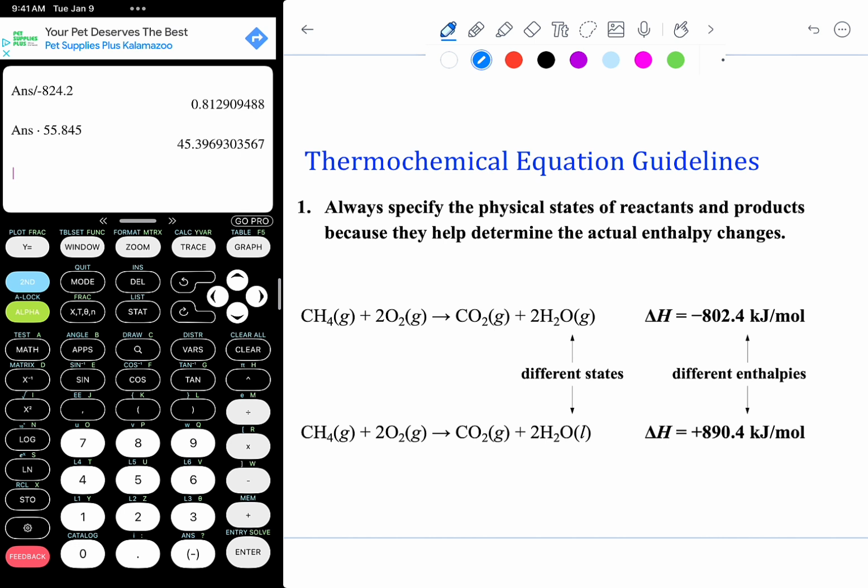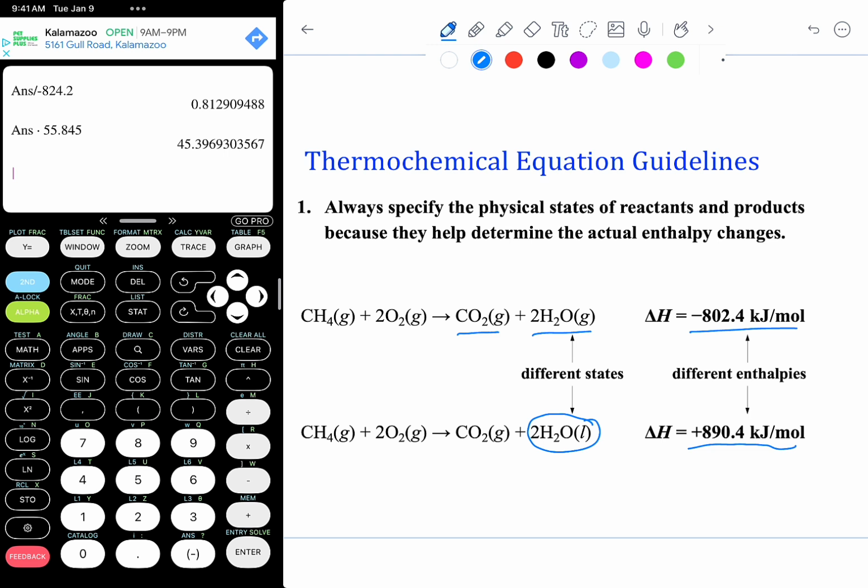So here's our combustion reaction of methane that we were talking about before. When we were going to carbon dioxide gas and water vapor, so water gas, that's when our delta H was negative 802.4 kilojoules per mole. But if our reaction instead yielded water as a liquid, that delta H value is going to be 890.4.